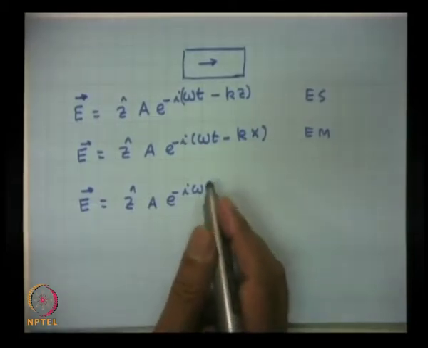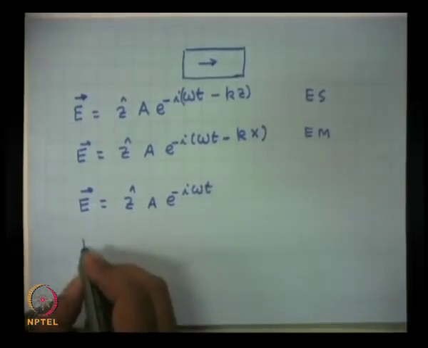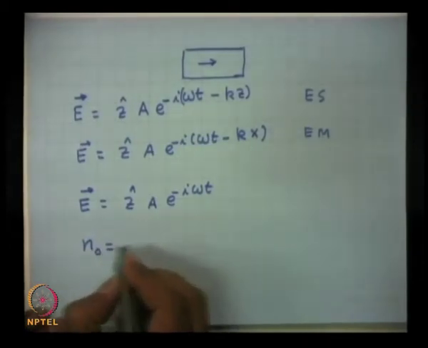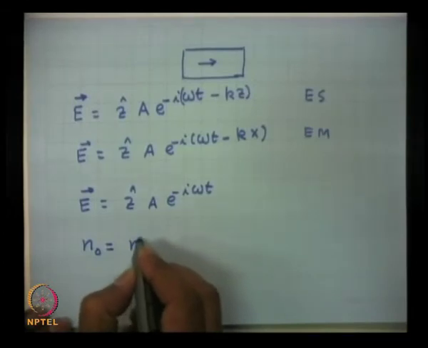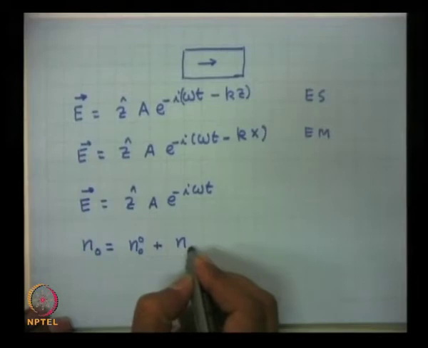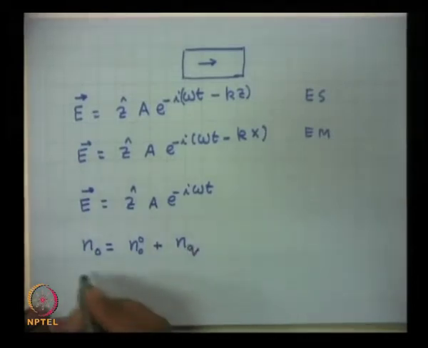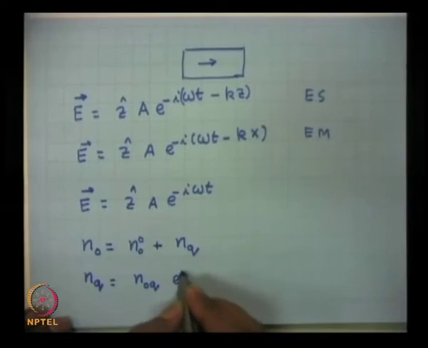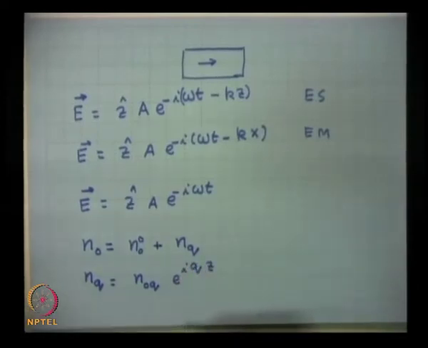But the plasma has a density, equilibrium density is suppose N00, plus there is a ripple in the density. I will call this NQ, the density ripple, which I will write down as some amplitude N0Q exponential of IQ Z, and I will presume for the sake of simplicity that Q is much bigger than K.